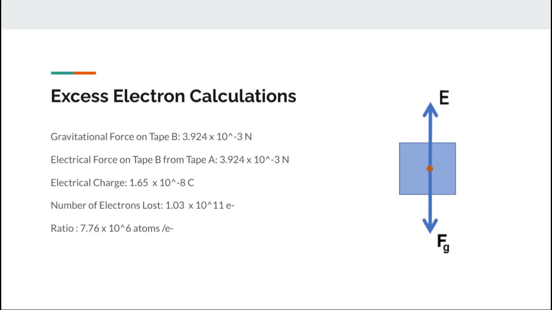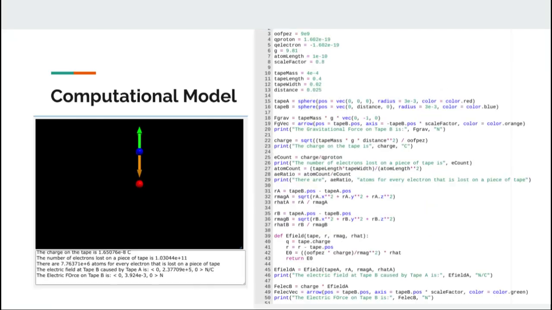Then the electrical charge, using Coulomb's law and the electrical force that we got, we concluded was 1.65 times 10 to the negative 8 coulombs. And the number of electrons lost, we concluded was 1.03 times 10 to the 11th electrons. This gives us a ratio of 7.76 times 10 to the 6 atoms per electron, which we concluded based on the number of atoms that were in the tape.